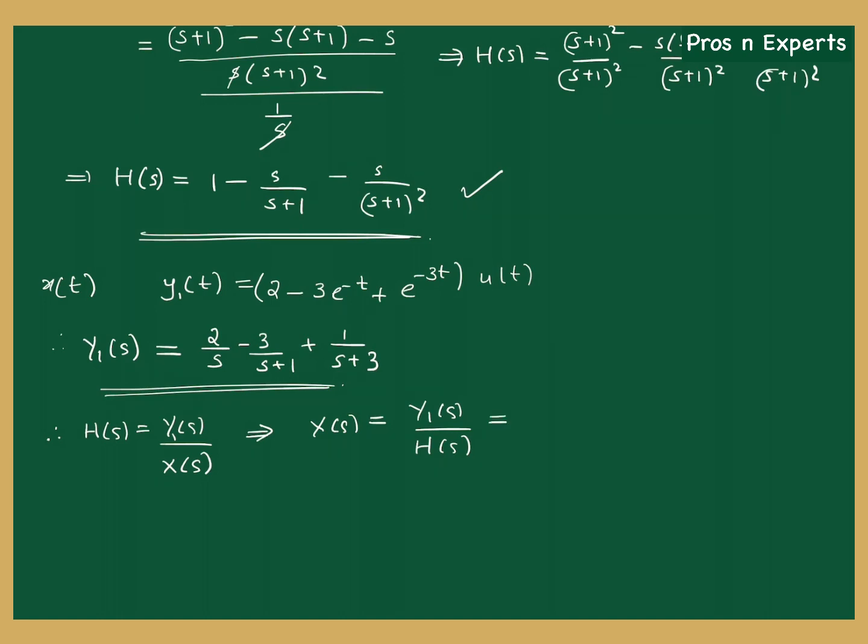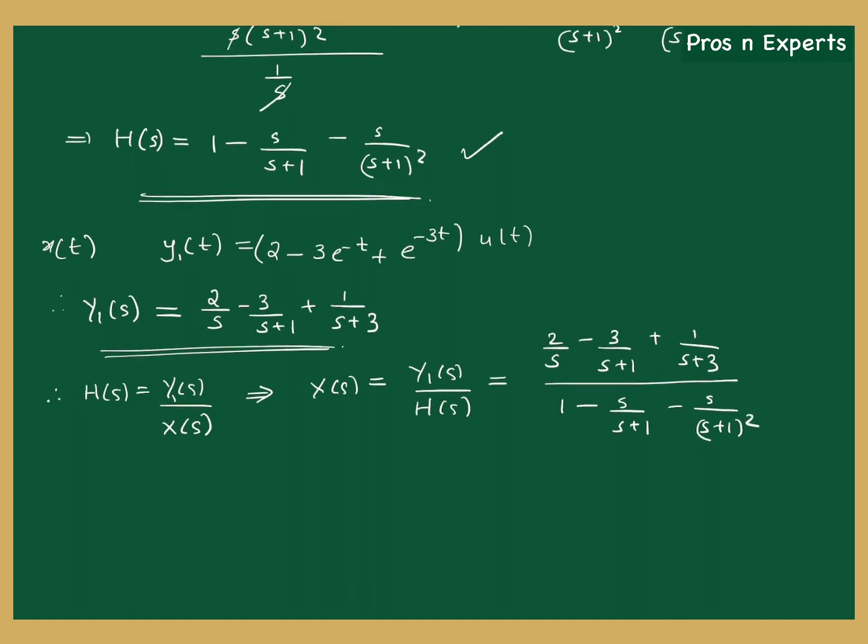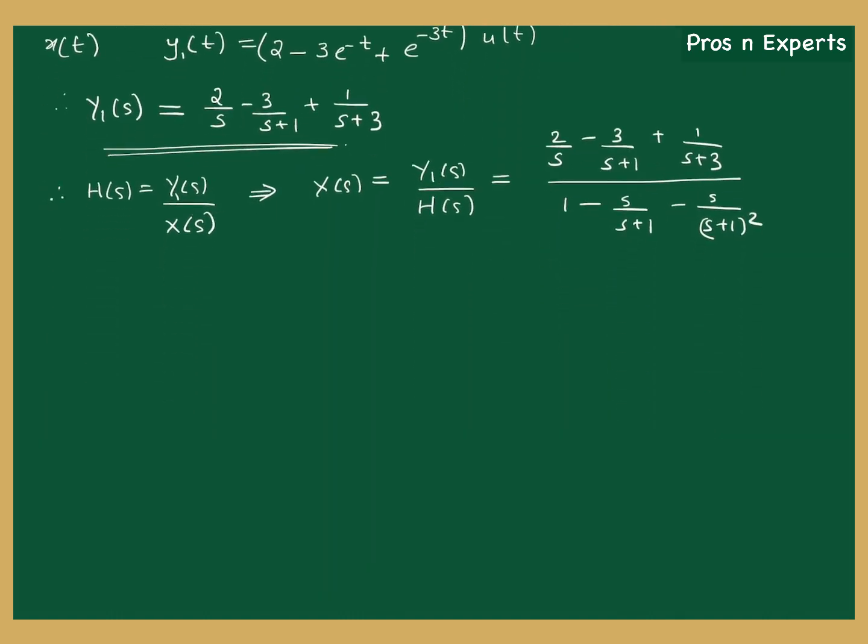That is equal to y1 of s, which is 2 by s minus 3 by (s plus 1) plus 1 by (s plus 3), whole divided by h of s. H of s is 1 minus s by (s plus 1) minus s by (s plus 1) the whole square. Again we cannot stop here because what we have obtained is just x of s, but we have to find out x of t.